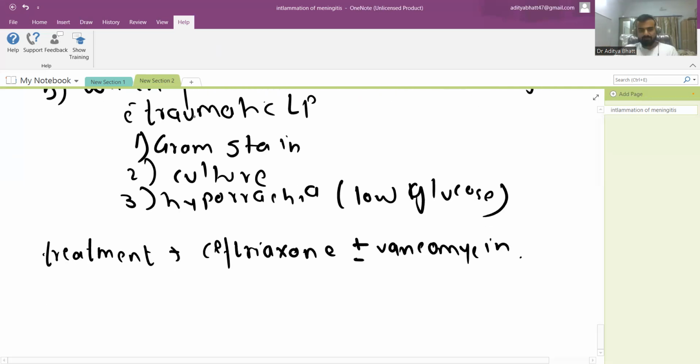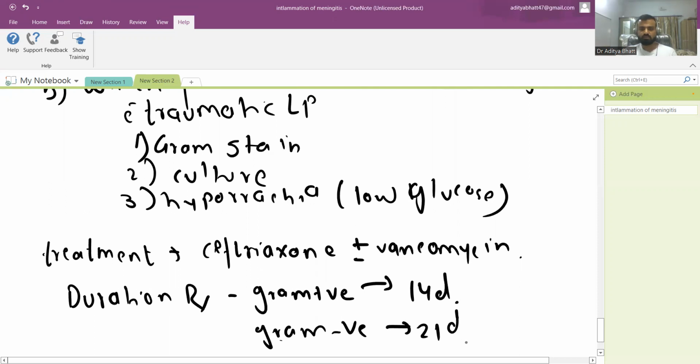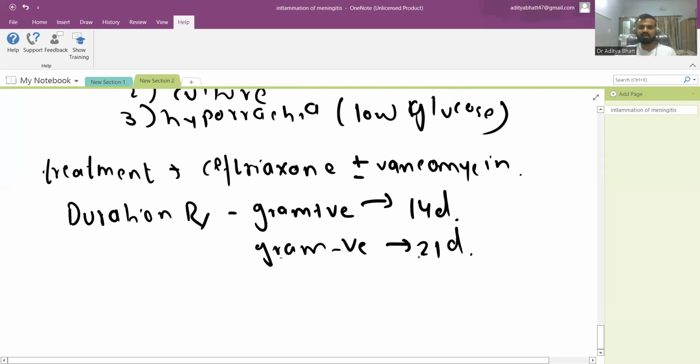Now the important part here is the duration of treatment. You have to remember, for gram positive organisms you have to give for 14 days. For gram negative you have to give for 21 days. Okay, so 14 is the lower limit. At least 14 days, you can give up to 21 days, and for here it is 28 days.